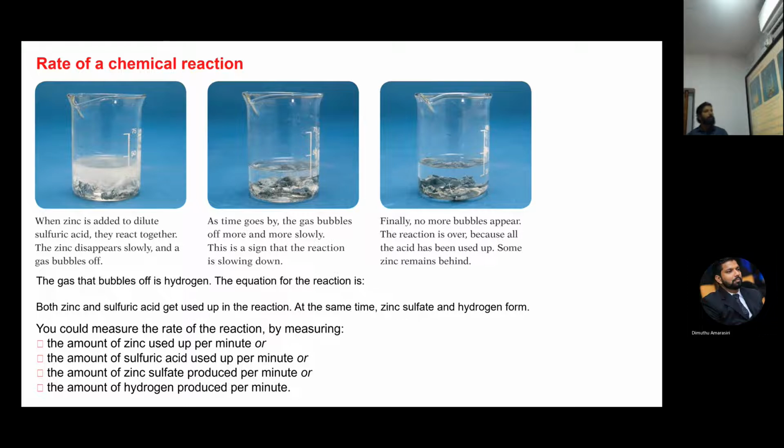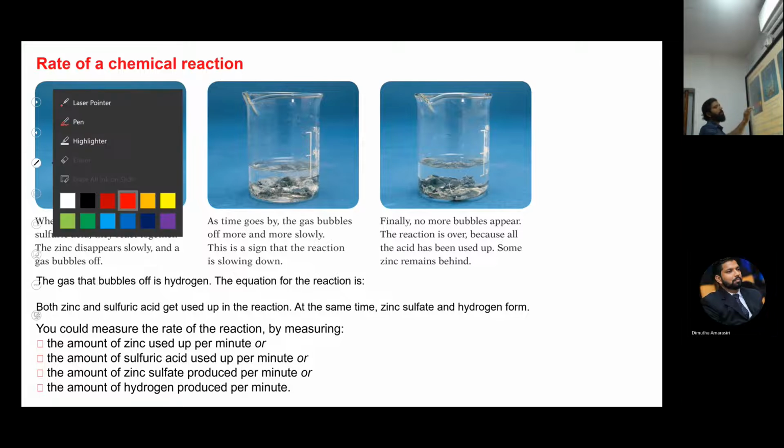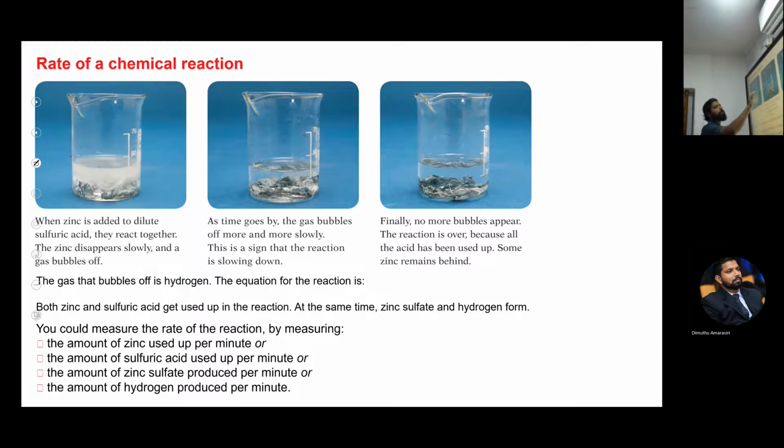All right. So here we have the topic rate of chemical reaction. We just learned rate. The rate is some amount of change per unit time. So then what is rate of chemical reaction? You can see there are 3 beakers. Now this is soon after you added zinc into sulfuric acid.